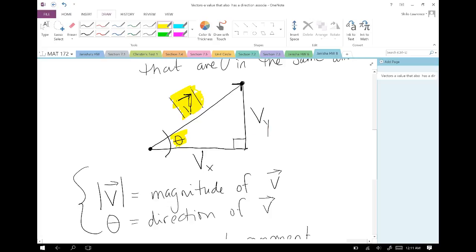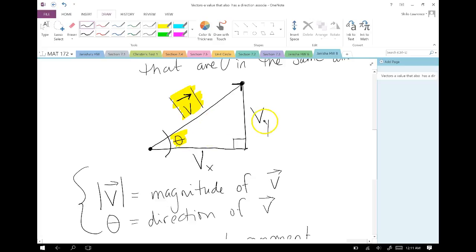So if we know the hypotenuse and the angle, and I want to solve for the adjacent side, we're going to think of a trigonometric function that uses adjacent, hypotenuse, and that angle. That trig function is cosine. So we can set up the cosine equation, and I'm going to do that in a second.